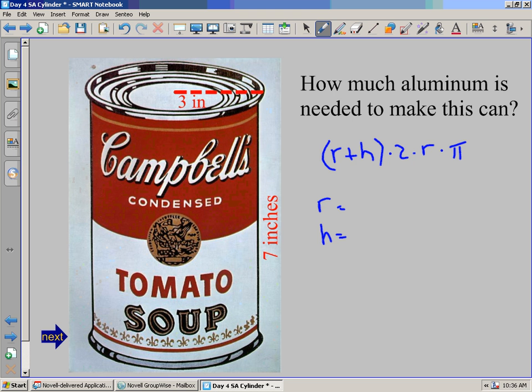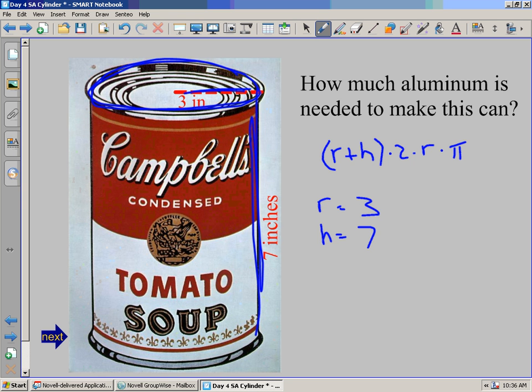So you look at this circle first for the radius. What's halfway across the circle? Oh, it's 3. What's the height of this can? It's 7. Now all I'd like you to do is to, if you can, stop the video for a second, substitute those values in, and see if you can find the solution for this problem.